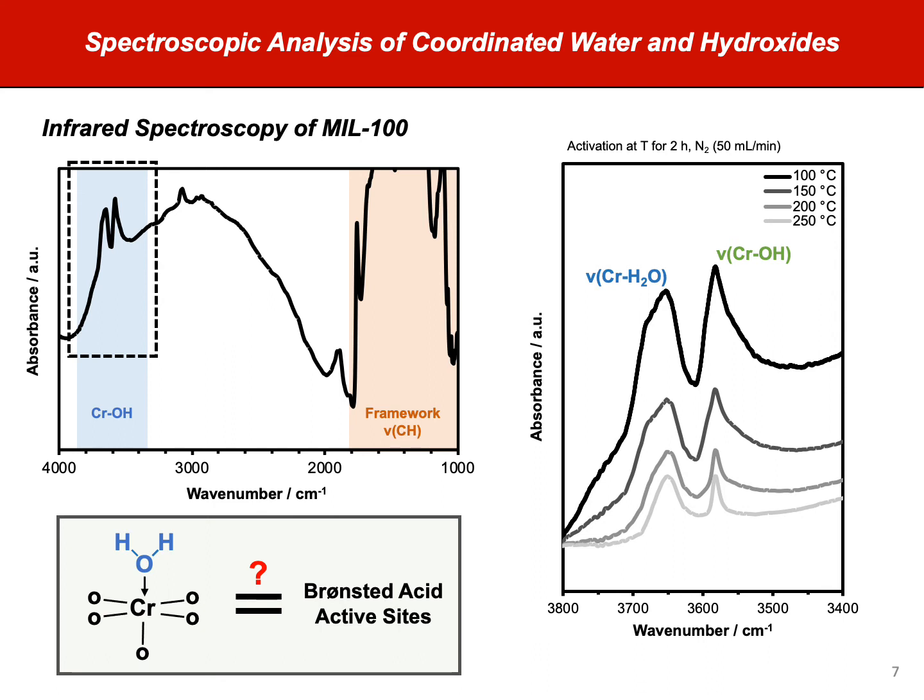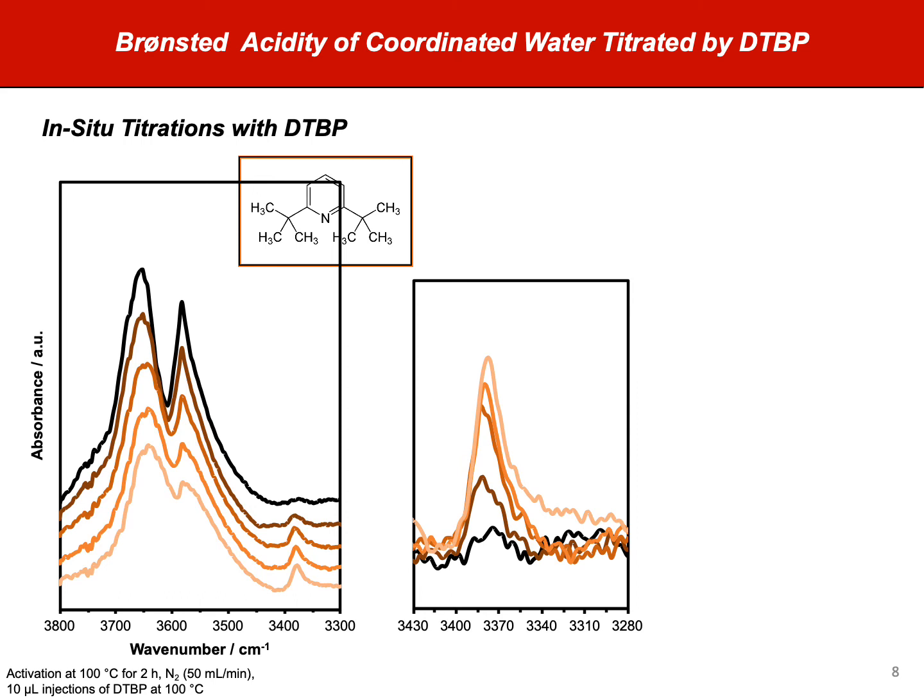So as expected, we see that the intensities of both these peaks decrease, but the question is, can water molecules that are bound to the chromium act as Brønsted acid sites?